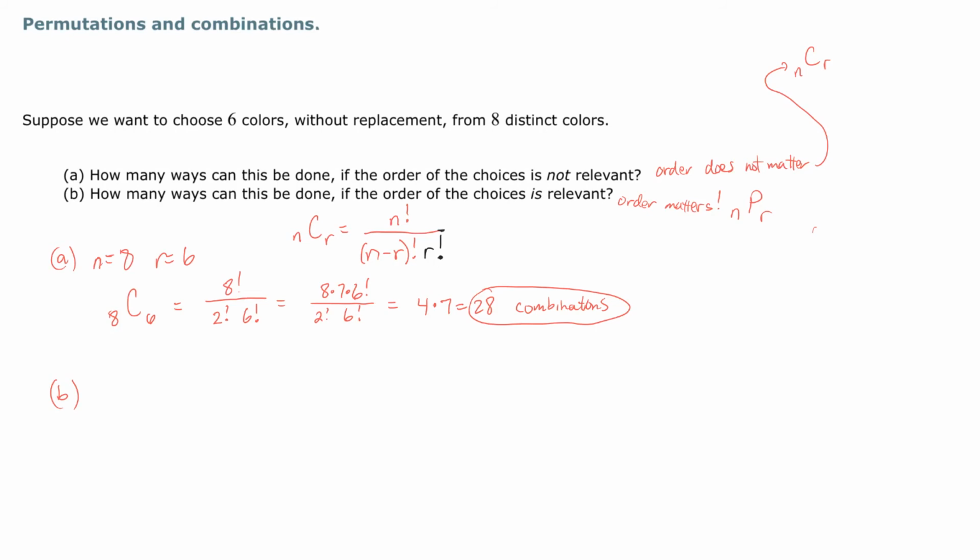For part B, how many ways can this be done if the order of the choices matters? We're going to take 8 items and permute 6 of them at a time. And so we will have 8 factorial over 2 factorial. I should state what formula I'm using, I apologize. Here's the formula. n items permute r of them at a time. We simply write n factorial over (n minus r) factorial.